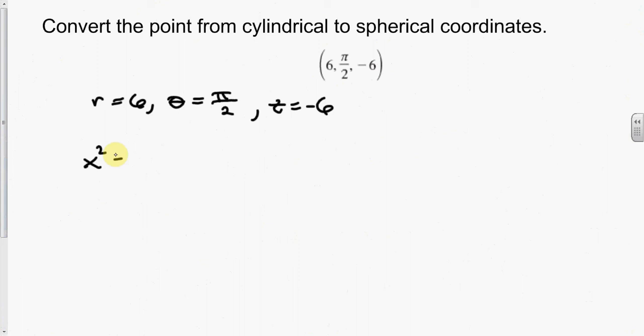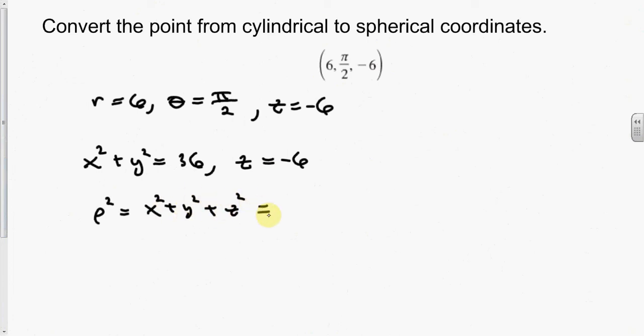We know that x squared plus y squared is the 36, and also z is equal to -6. So rho squared is equal to x squared plus y squared plus z squared.